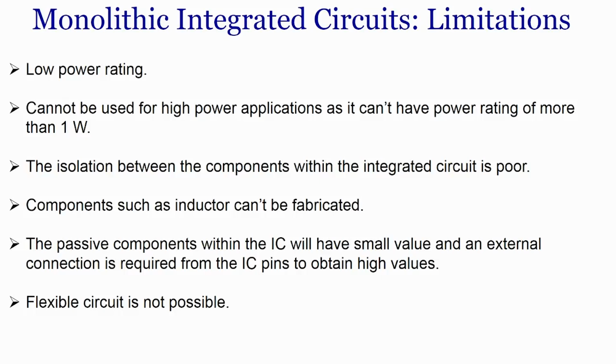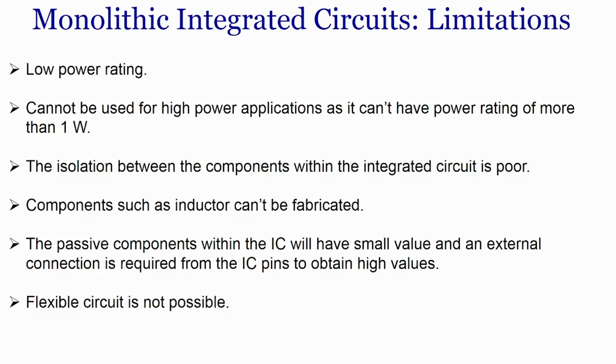Isolation between components within the integrated circuit is poor. Next, components such as inductors cannot be fabricated. Next, passive components within the ICs will have a small value and external connection is required. Next, flexible circuit is not possible. So, there are certain limitations associated with monolithic integrated circuits.